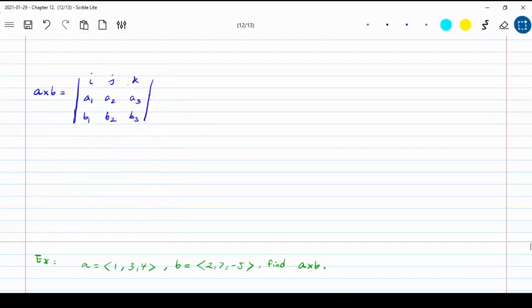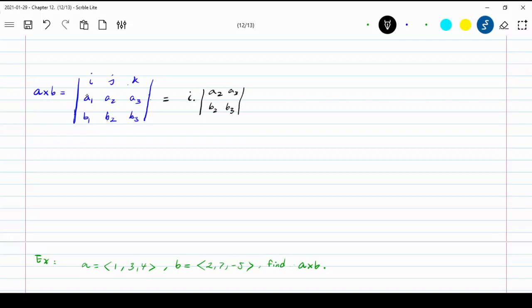If we look at this matrix for A cross B and write down the product, if you write the first row to be the standard vectors i, j, and k, what you have is i times the submatrix A2, A3, B2, B3.